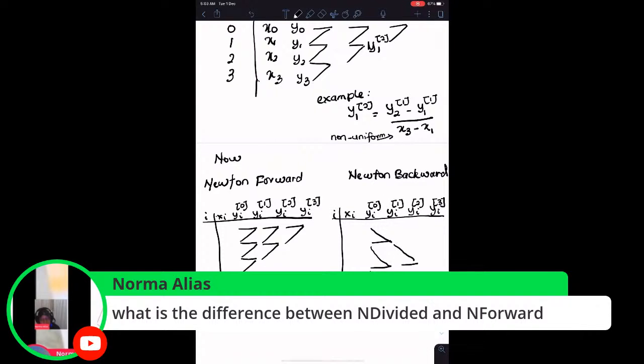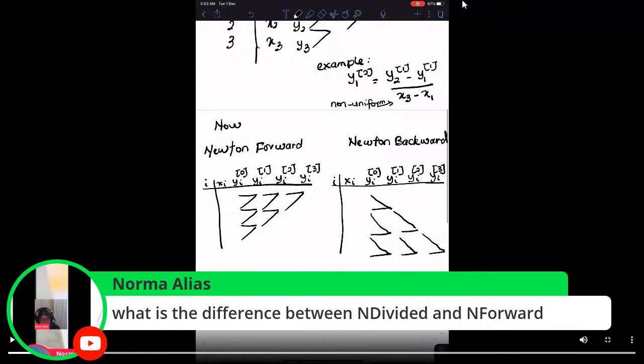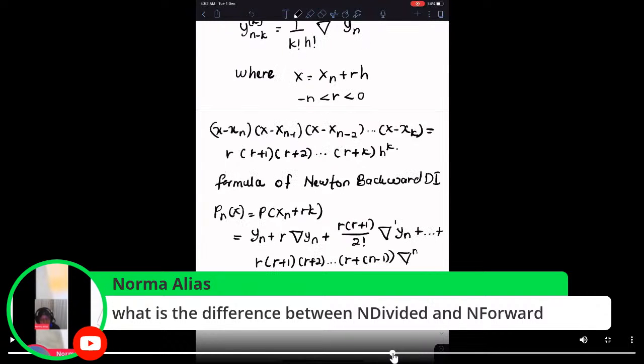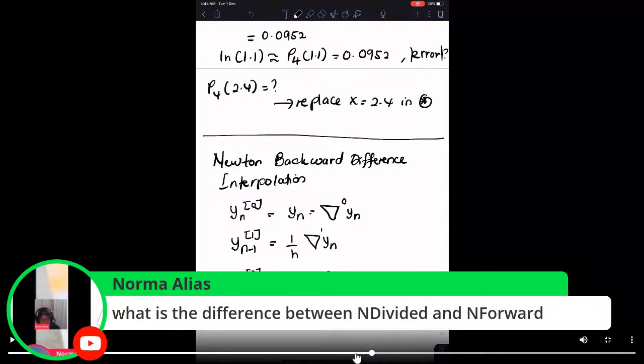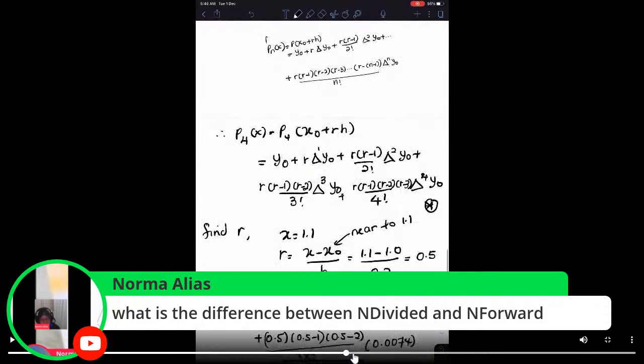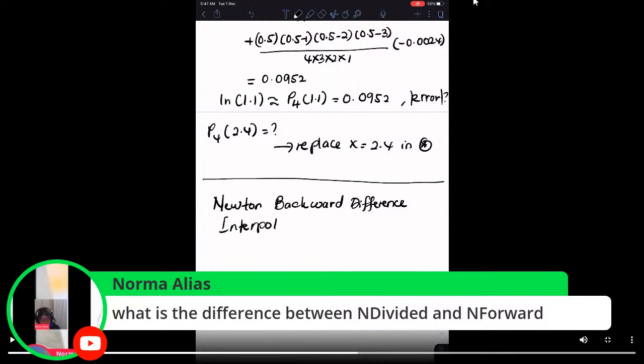What's the difference between Newton forward and Newton divided? I'm waiting for the answer. Any question?